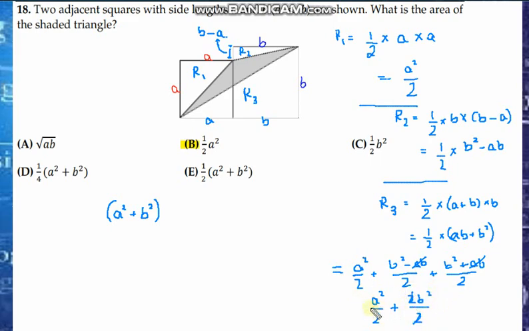So now let's take this unshaded area and subtract it from the total area.